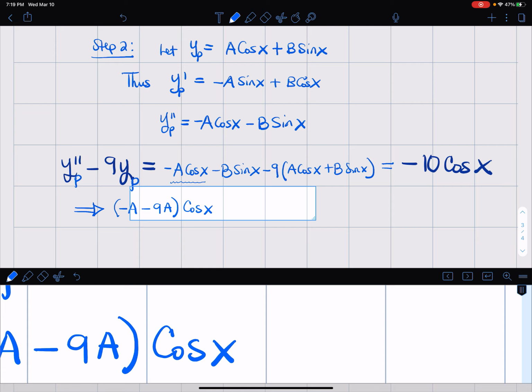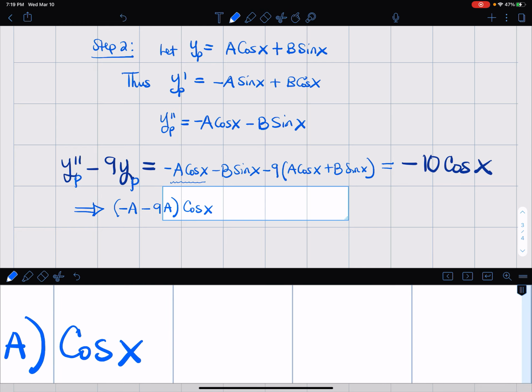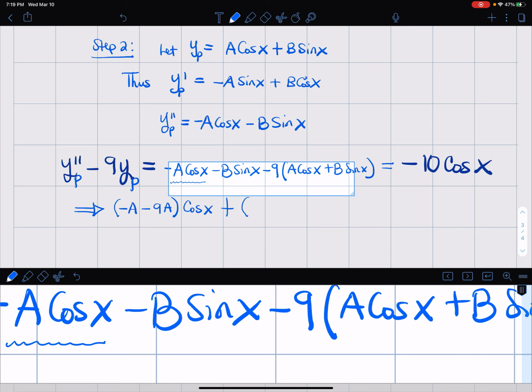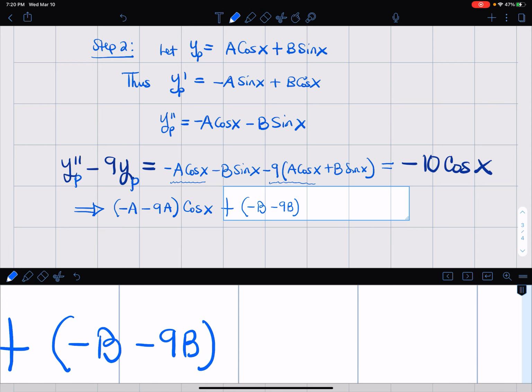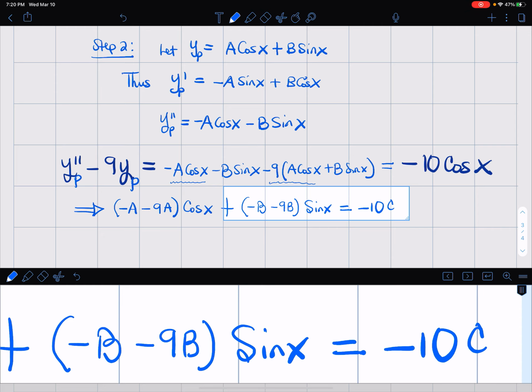And then we have minus b, minus 9b sine of x, equal to negative 10 cosine x.